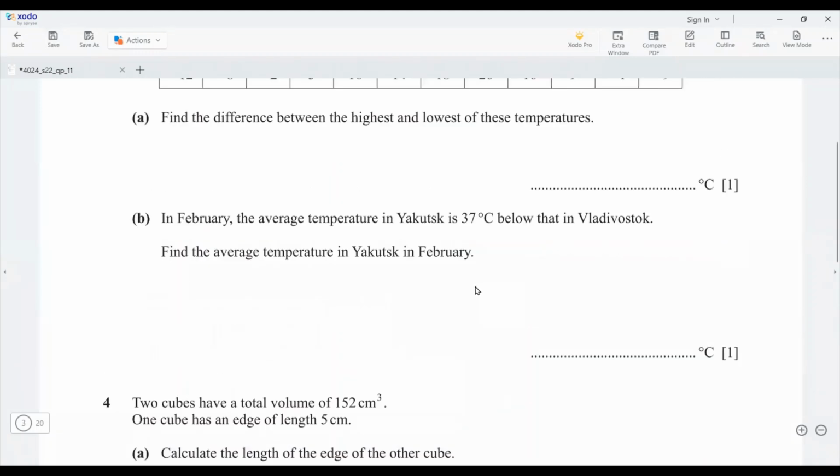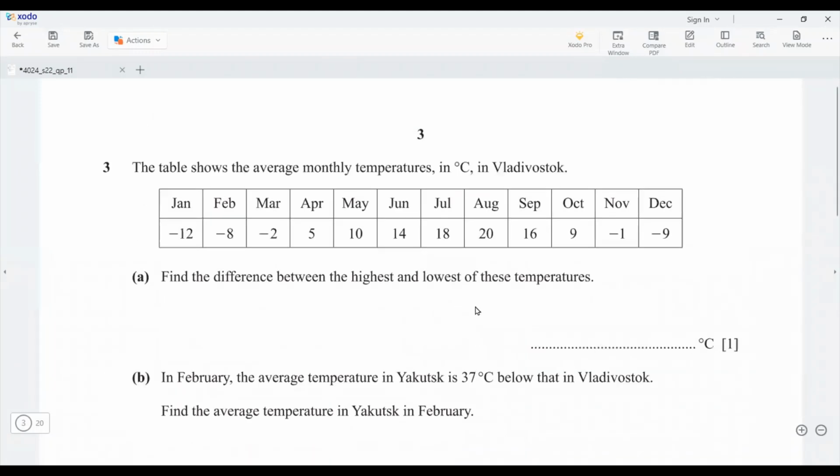In the next question, there is a table given for the temperatures in a specific region, and the average monthly temperatures are given, January's temperature, February's, and similarly till December. What we have to do is find the difference between the highest and the lowest of these temperatures.